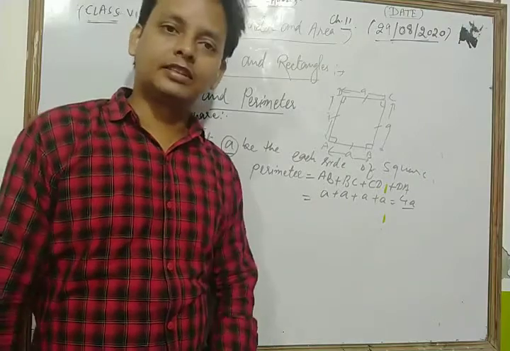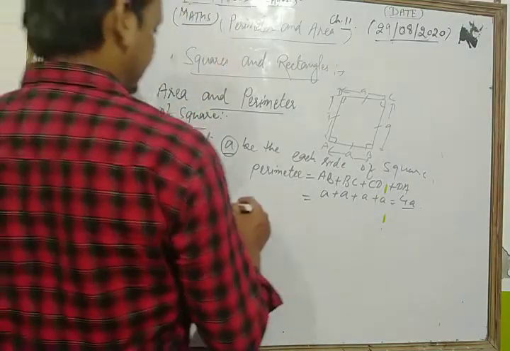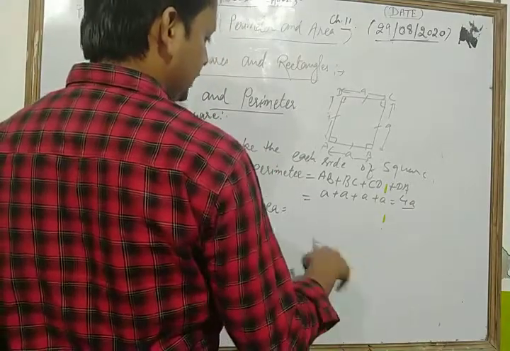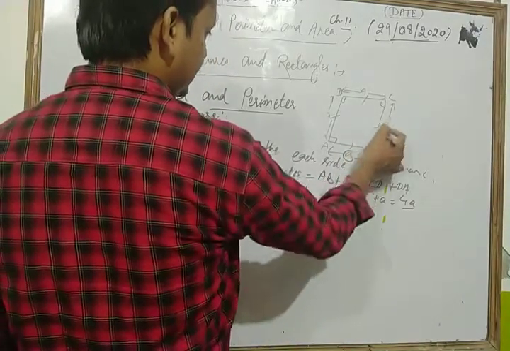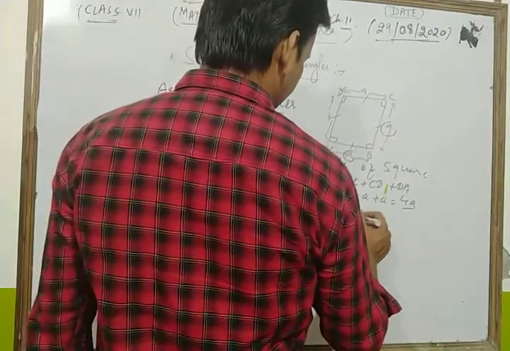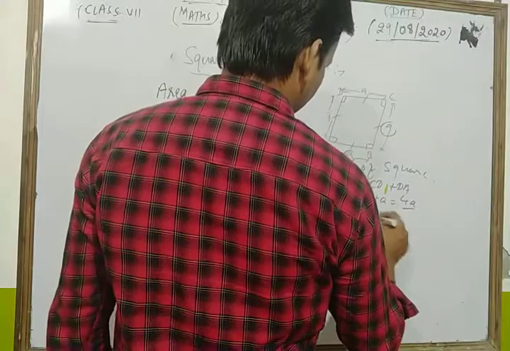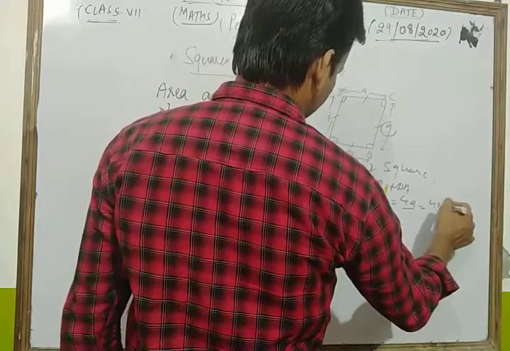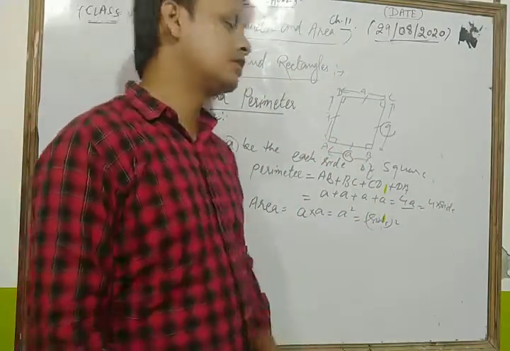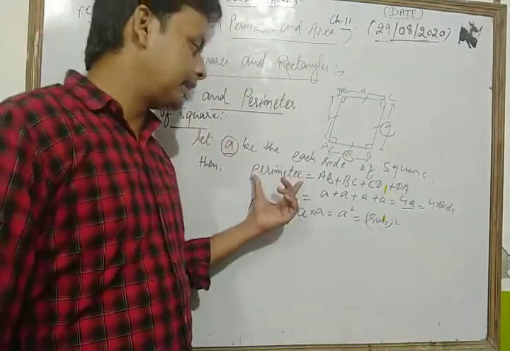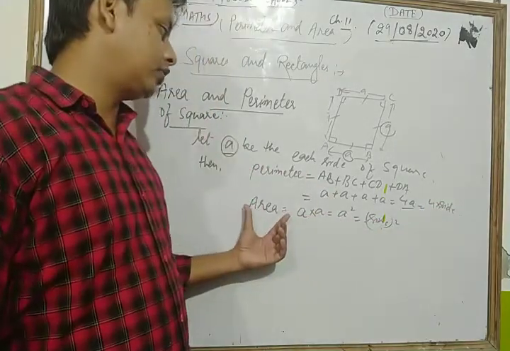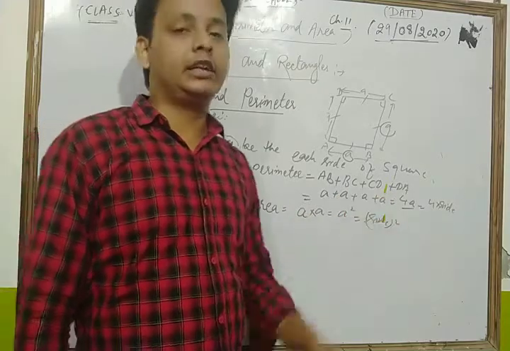Now we discuss the area of the square. The formula for the area of a square is length into breadth, meaning length is equal to A and breadth is also equal to A. So we have A into A, meaning A square, meaning side square. In this way, dear students, we can say that the perimeter of a square is 4 into side and the area of a square is side square.